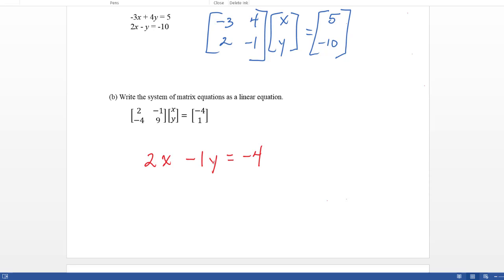We multiply the first row by the first column, and so we're going to do 2 times the X and negative 1 times the Y. The same thing would happen on the bottom. We would have the negative 4, the 9, and the 1, and then the first one would take the X and the second one would take the Y, and of course this is a plus. And so that would be our system of linear equations.